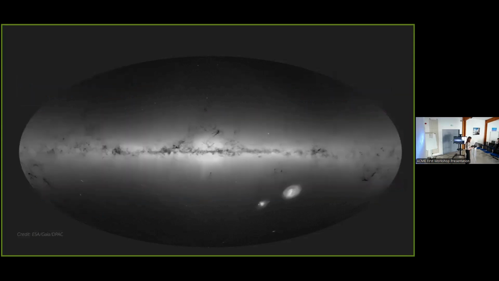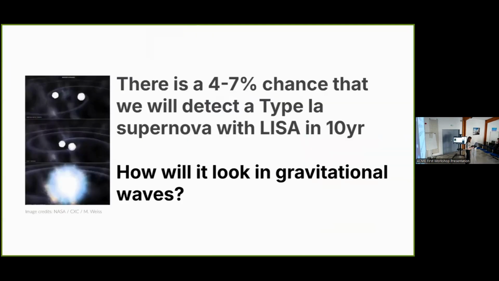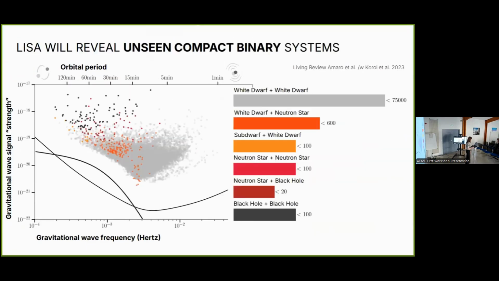I think there is already a problem, right? There are a lot of them, and this is why we have this foreground. Currently we are expecting tens of millions of binaries in the LISA band. But again, we have some uncertainties in the models. Some models actually predict very few binaries in this regime.